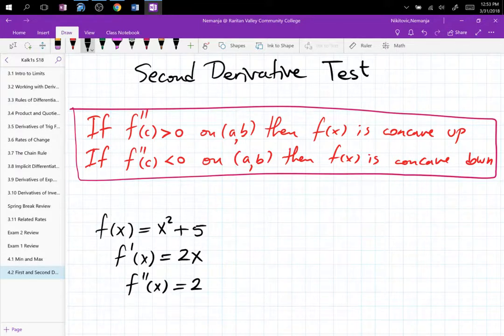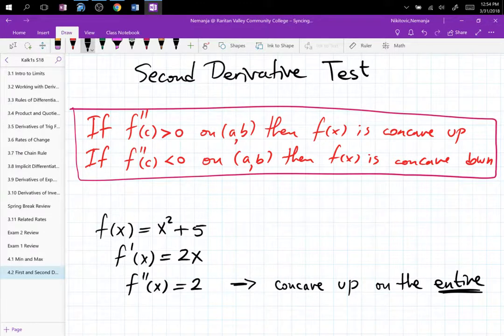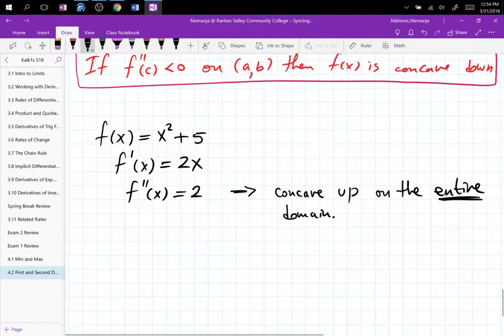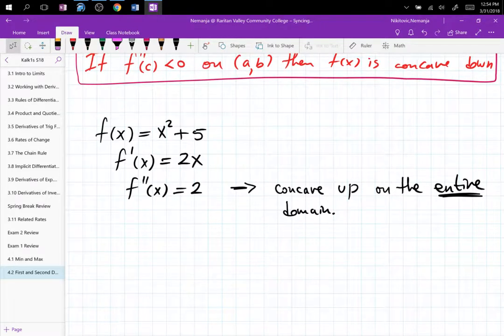Second derivative is 2. This means concave up on the entire domain. And we know that it's the x squared function. It's concave up. That's it.